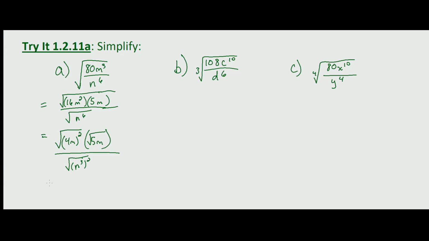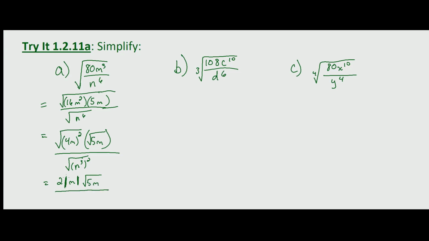So when we simplify the square root, we need to consider absolute value. When we take the square root of 4, we just end up with 2. When we take the square root of m squared, we're left with m, but since it's an odd power, we need the absolute value. And we're left with the square root of 5m.